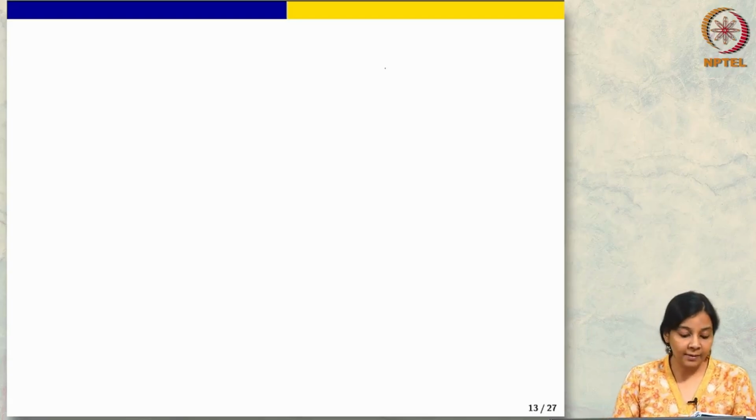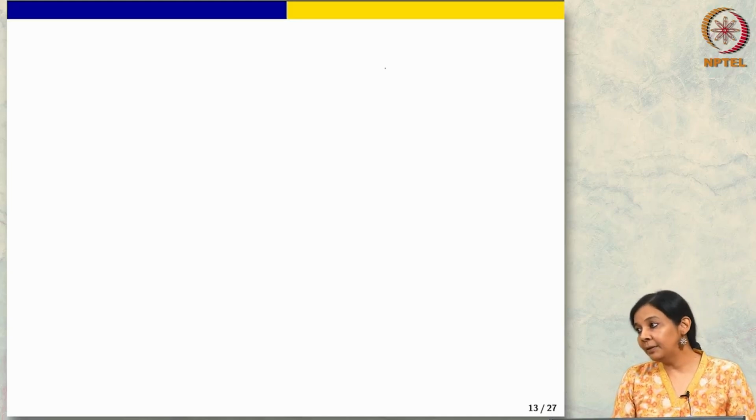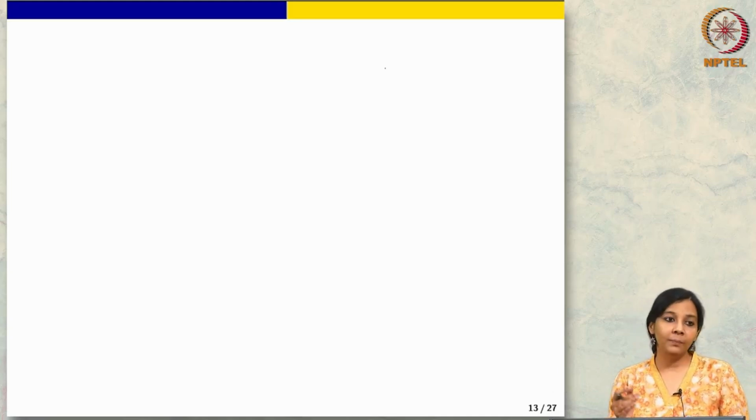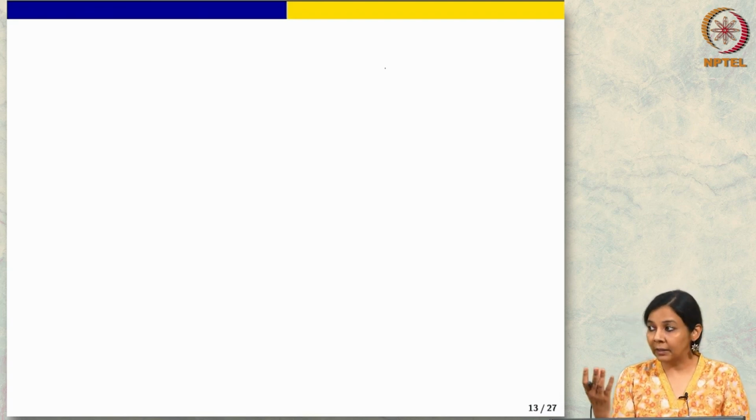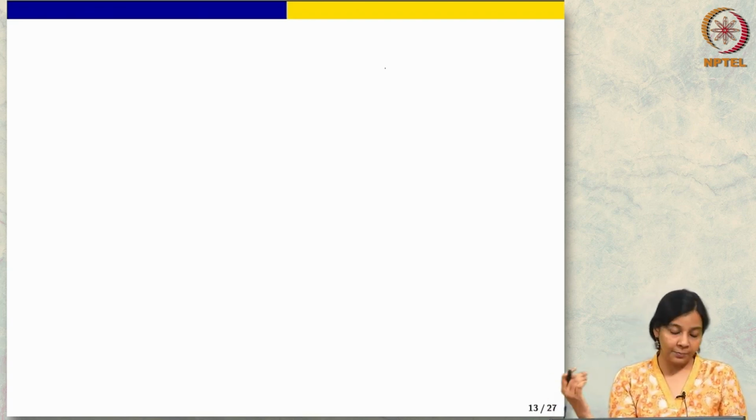Alright, so let's look at implementation now. Implementation basically means that we need to figure out an efficient quantum circuit that will take us from this representation to this representation.